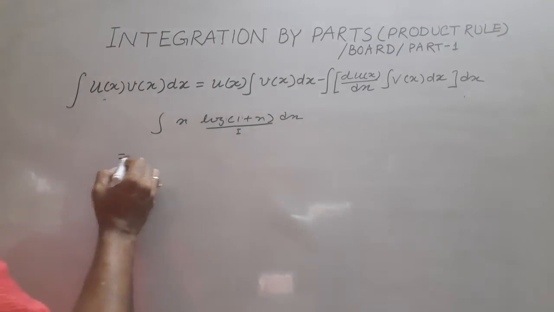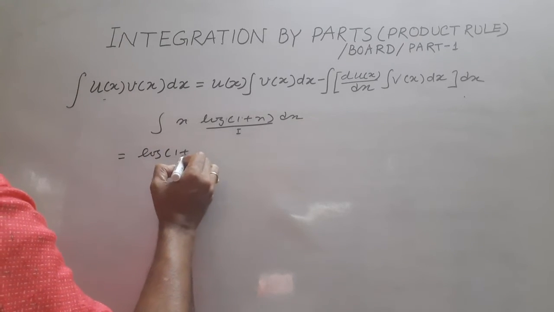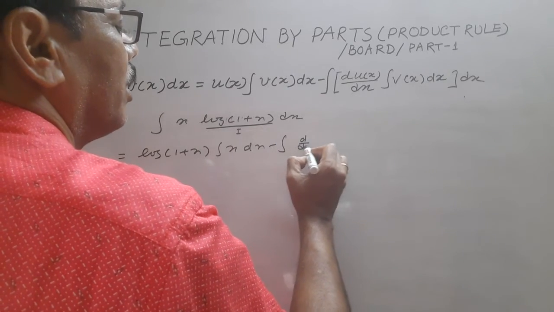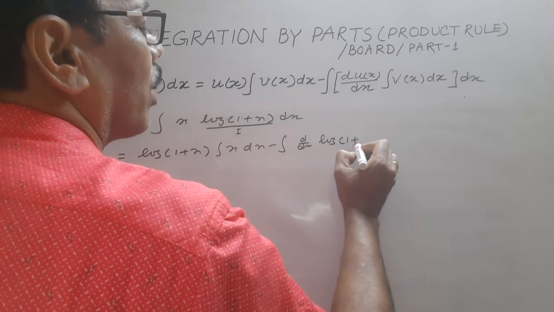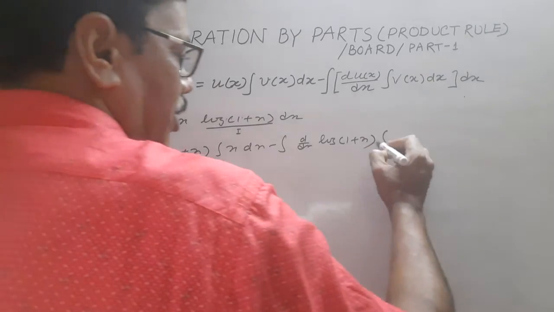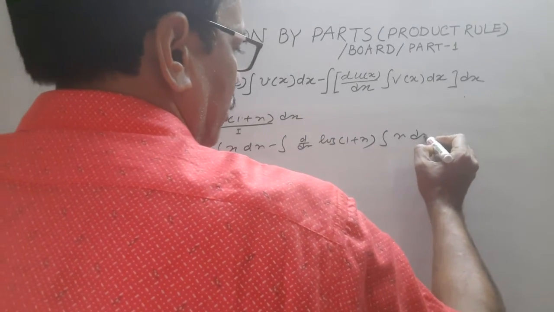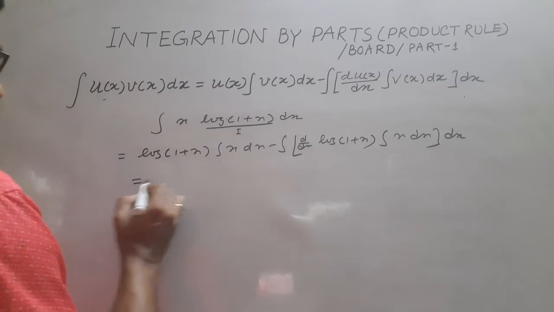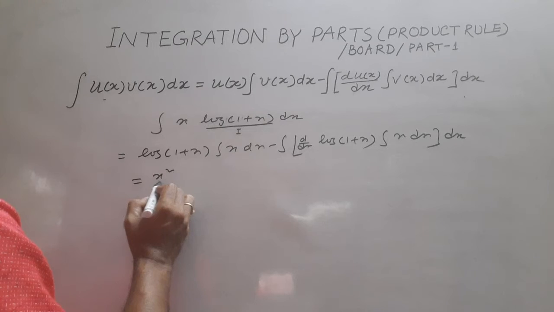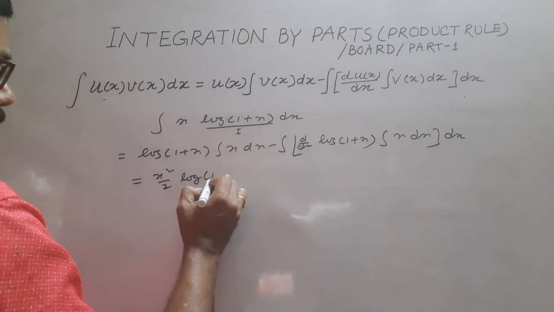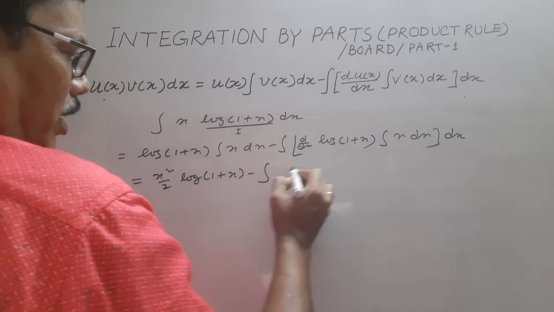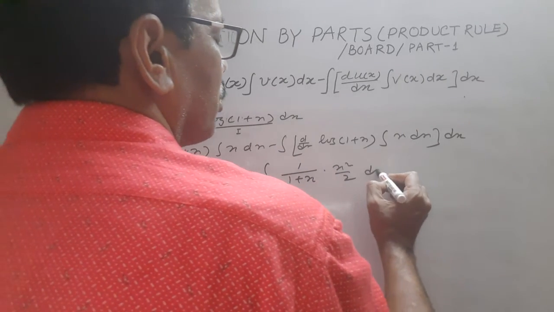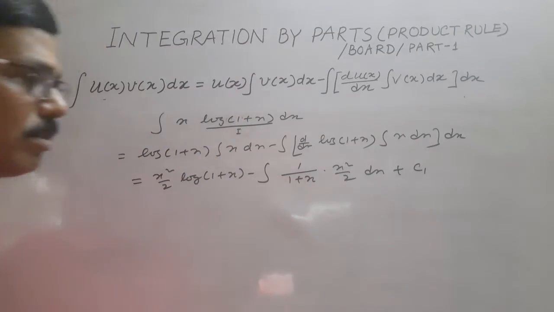So if we use log 1 plus x into integration of x dx minus integration of d dx of log 1 plus x into integration of x dx, total integral dx. So x square by 2 log 1 plus x minus 1 by 1 plus x, x square by 2 dx plus c1.